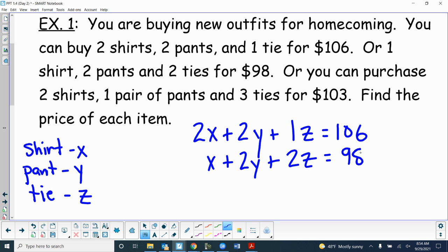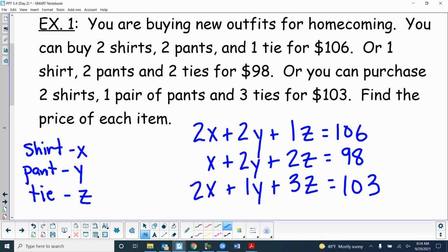Good. All right, Cole, how about the third one? 2x, 1y, and plus 3 equals. So it's not hard to write the three equations, at least a problem like that, is it? Okay, so then we just put in our calculator, all right?